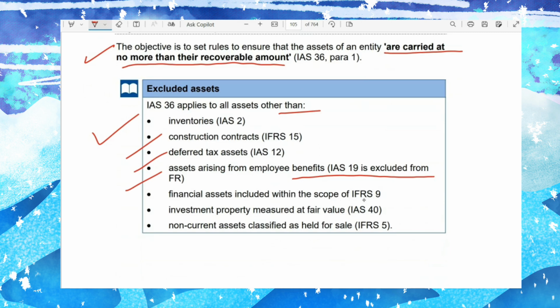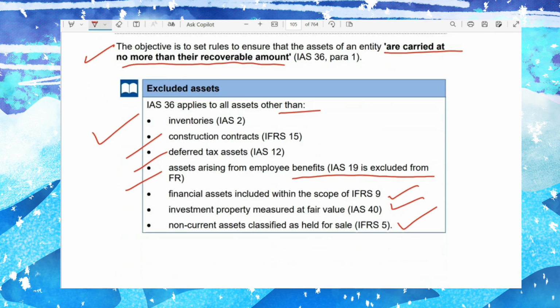Remember, these are excluded because such assets are already in negotiation in the market, so impairment is not applicable to them.